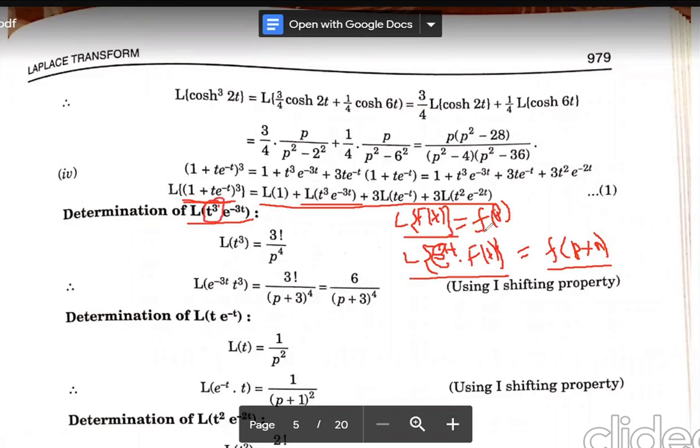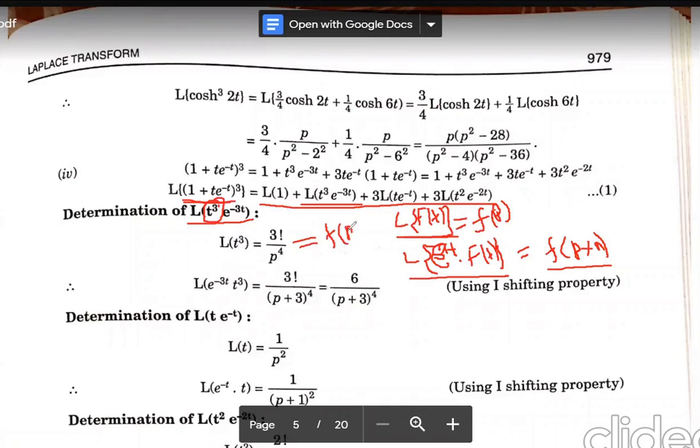But whenever you consider f of t, you need to know whether you are able to find its Laplace transform or not. The Laplace transform of t cube is very simple. Use the formula for t to the power n: factorial n by p to the power n plus 1. So for t cube, that is factorial 3 by p to the power 3 plus 1, that is 4. Just to give it a name, call it F of p.